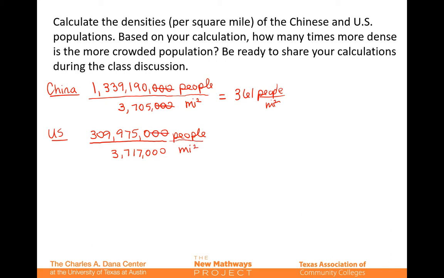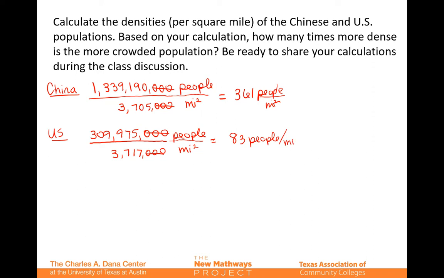Again, we can take off those zeros. I put this in a calculator: 309,975 divided by 3,717. In the United States, it's only about 83 people per square mile.